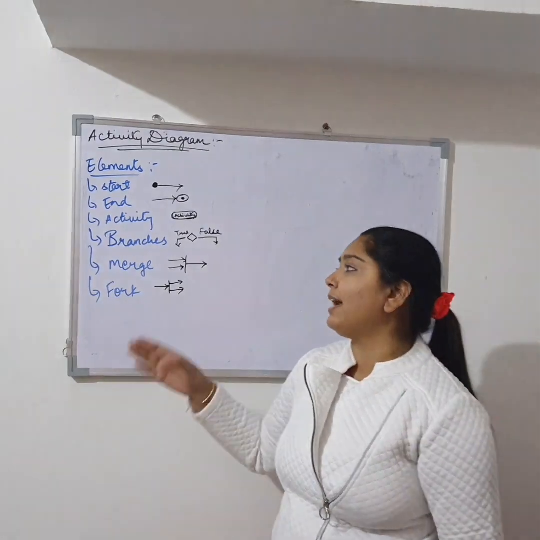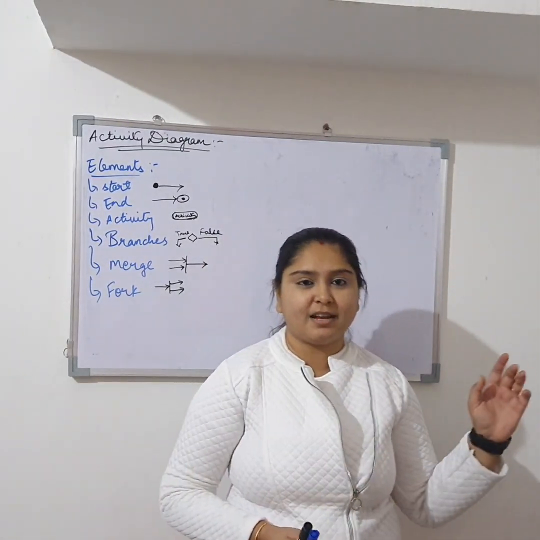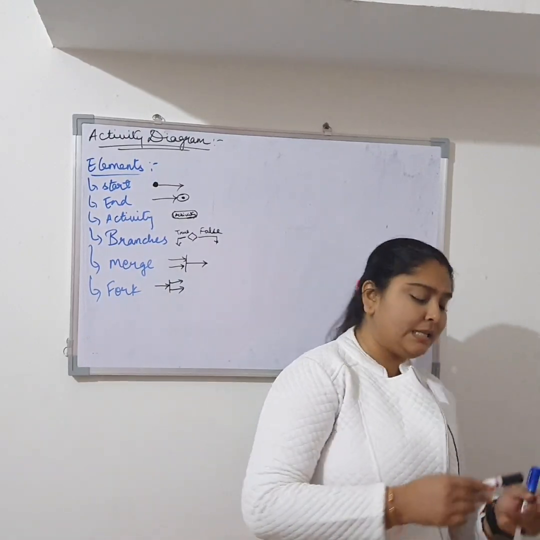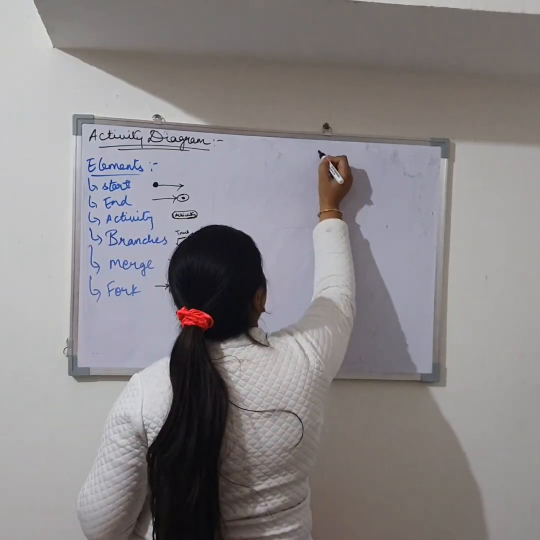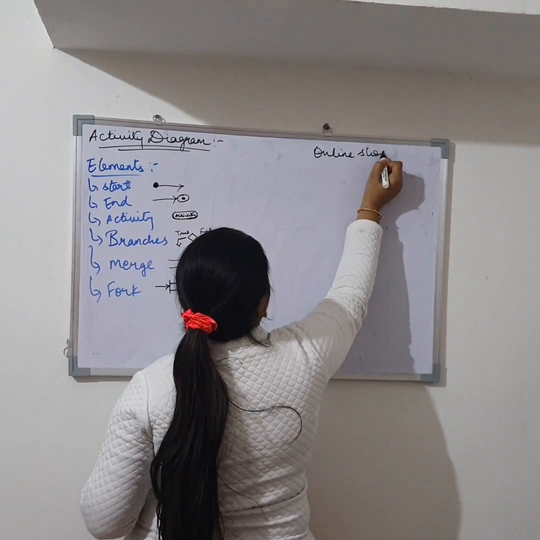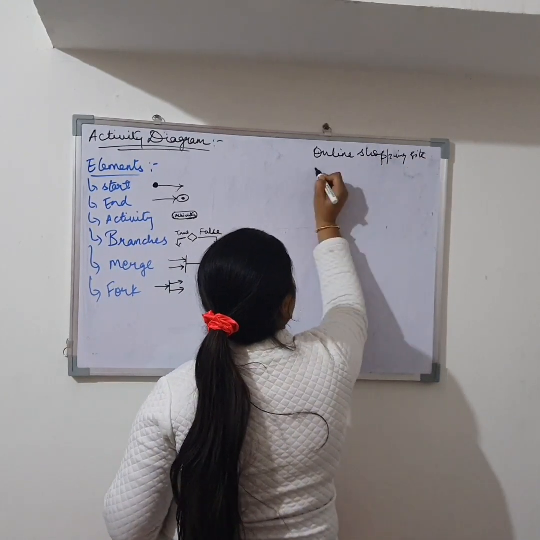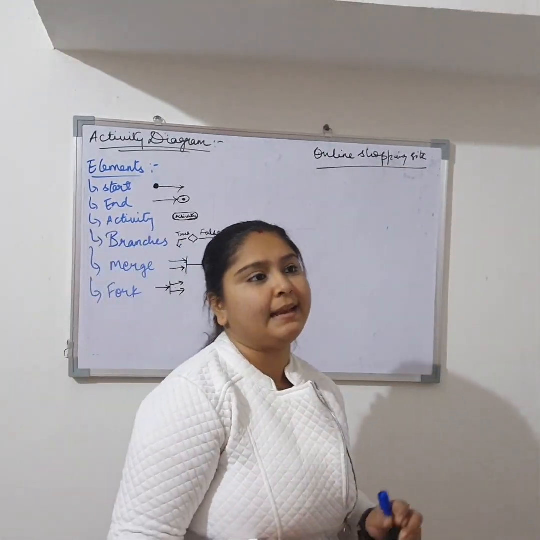Now, as we have covered all the elements of the activity diagram, let us discuss it with one example. We'll see one example of an online shopping site.